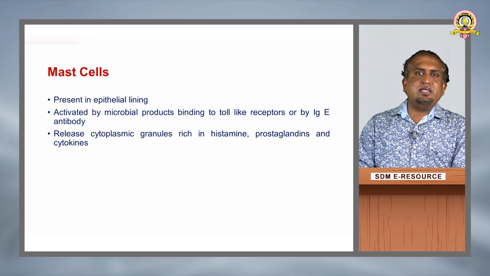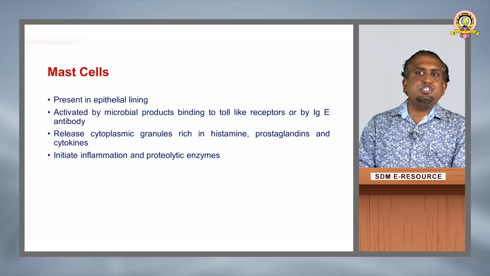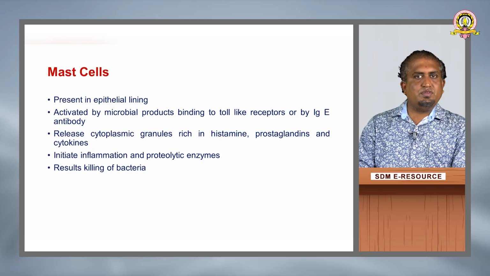These mast cells release cytoplasmic granules which are rich in histamine, prostaglandins and cytokines, and they initiate the inflammation and proteolytic enzymes. Inflammation is also something we have seen in innate immunity. The release of the cytoplasmic granules initiates the inflammation and proteolytic enzymes, which will result in the killing of the microbes or the bacteria.